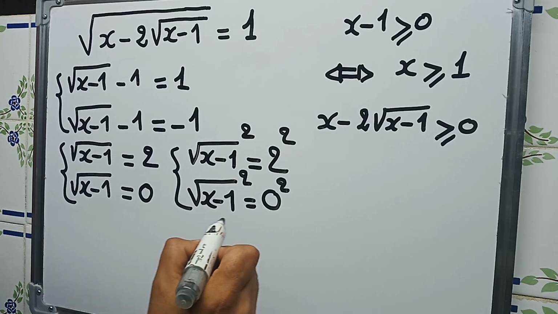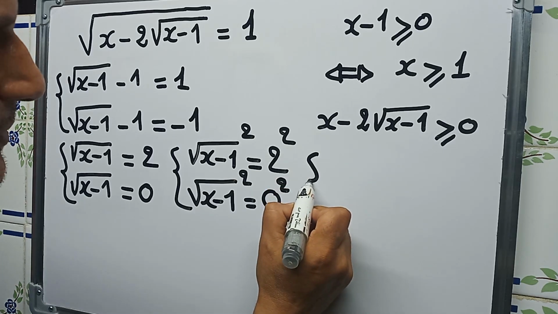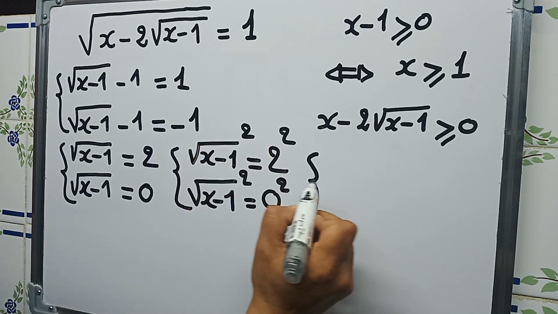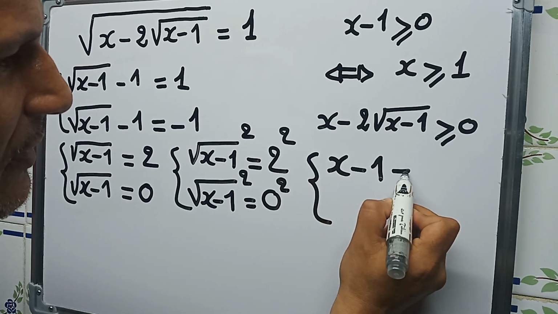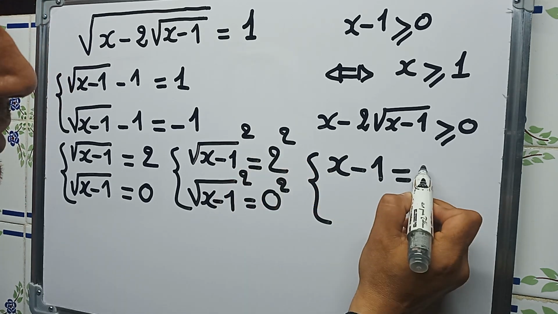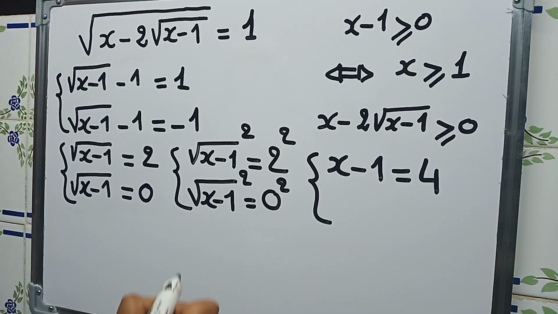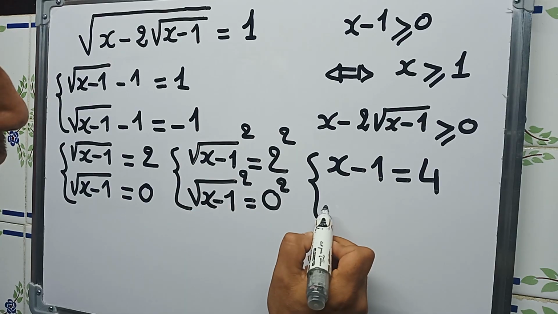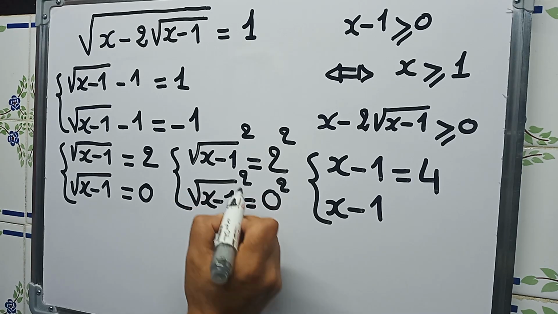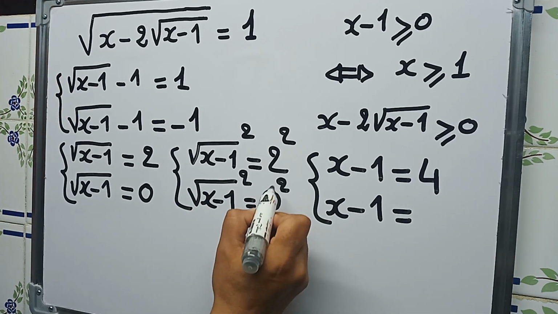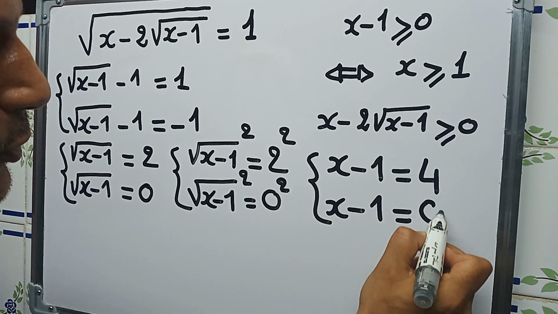And this, of course, means square root of x minus 1 squared is just x minus 1 is equal to 2 squared, which is 4. Or here also x minus 1, square root of x minus 1 squared is equal to, and 0 squared is 0.